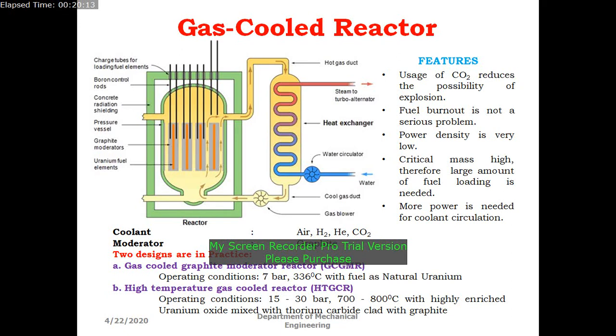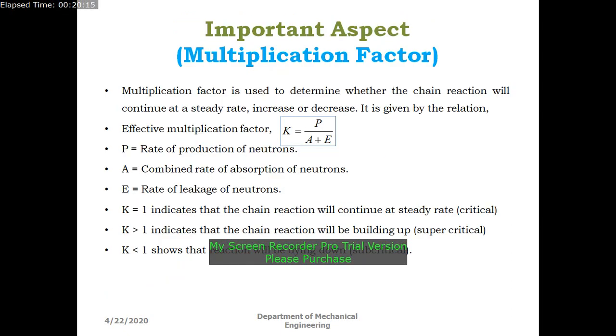Now we'll discuss one important aspect in nuclear reactors. It is for the selection of a moderator, and it is called the multiplication factor. Here it is used to say whether the chain reaction can be sustained or whether it operates with a decreasing rate.